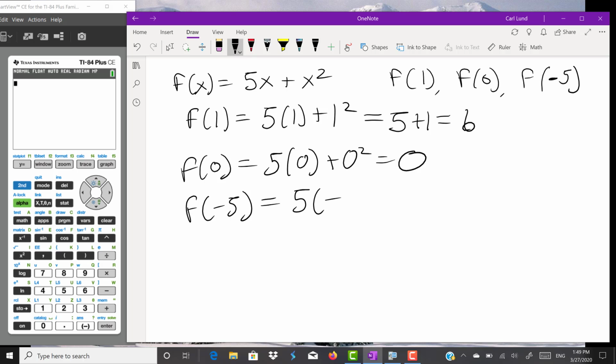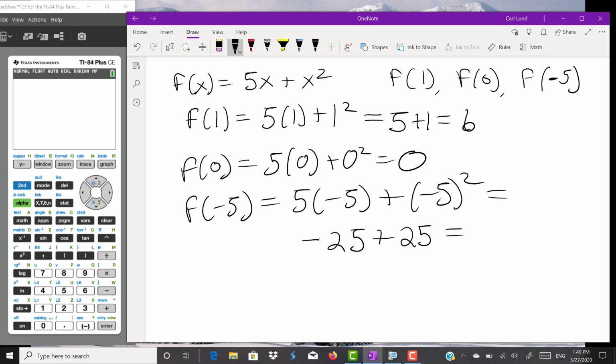So I have 5 times negative 5 plus the quantity negative 5 squared. 5 times negative 5 is negative 25. Negative 5 squared is positive 25. So f of negative 5, I should say, is also going to be 0.